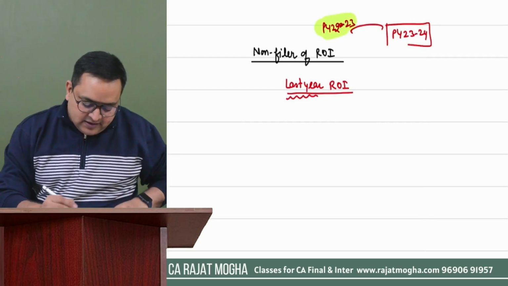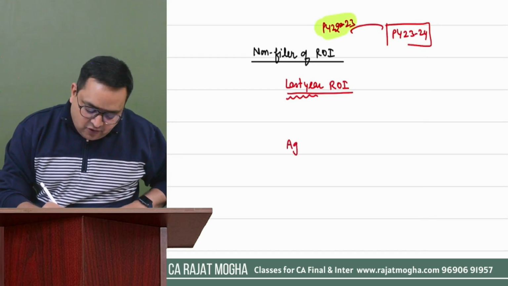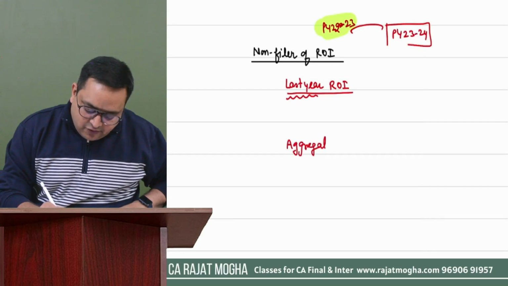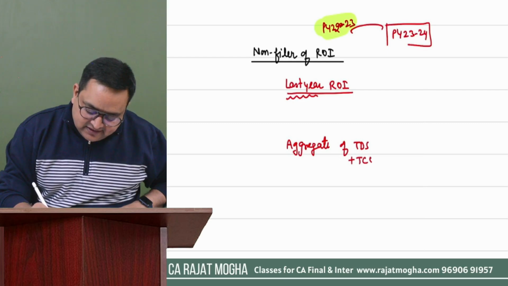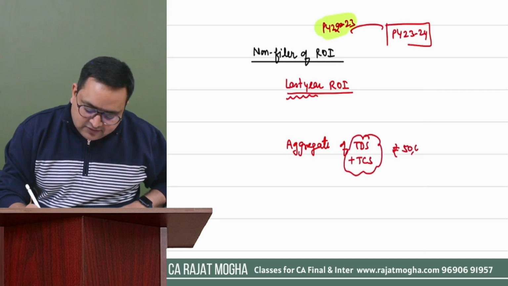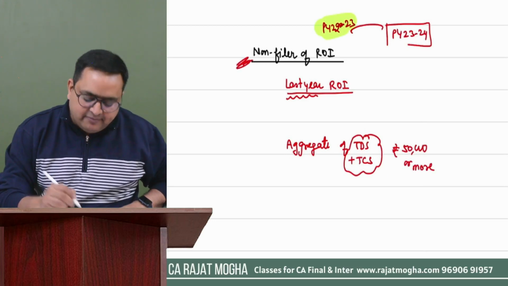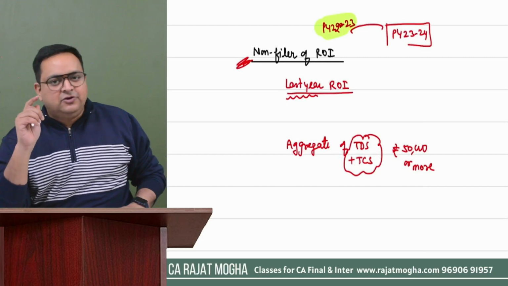Second thing is that your aggregate of TDS plus TCS should be at least 50,000 or more. Then this section will be applicable, and you will be considered a non-filer.